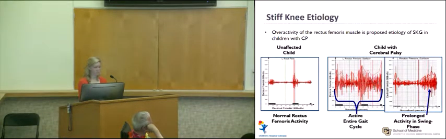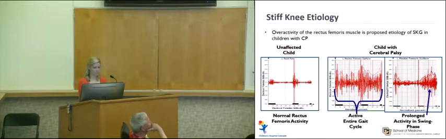In CP, we see 3 different patterns for rectus femoris activity. The normal on the left, on the entire gait cycle, or for some reason they get a burst to maybe try to flex the hip during swing phase. So if your quad is firing during swing phase of gait, you're not going to be able to bend your knee.